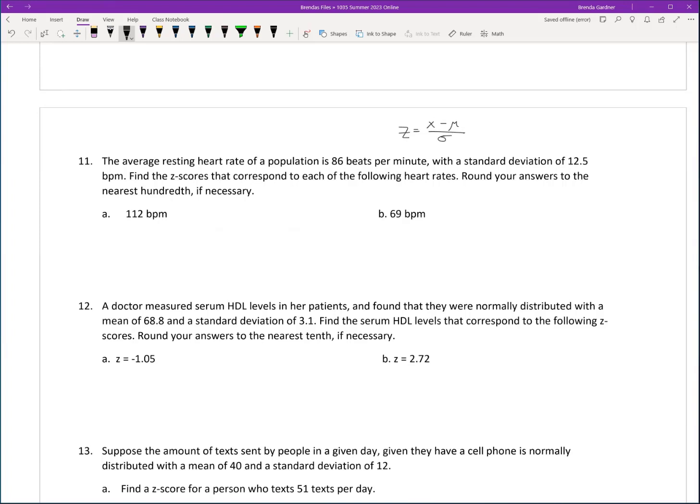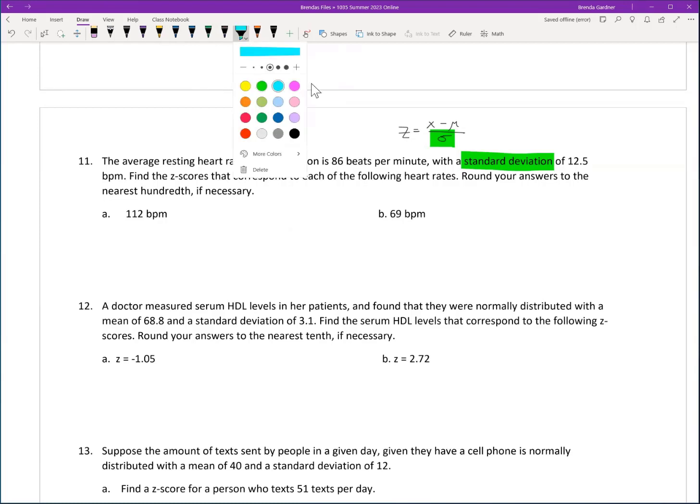So we have to understand that standard deviation is the denominator, and mu is going to be your average. Okay? In this case, it's going to be 86.